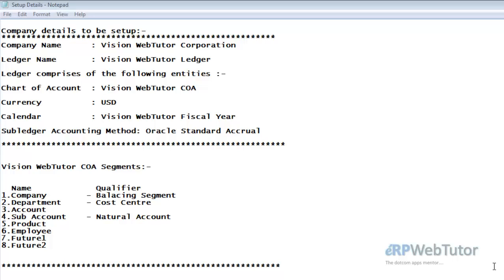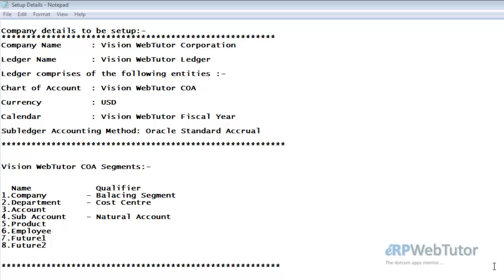Okay, so later in the later videos we will see that as far as the accounting flex field is concerned, there can be 6 qualifiers. Okay, so out of those 6 qualifiers, 3 are the mandatory qualifiers, namely the balancing segment, the cost center, and the natural account. Okay, so in our setup we are going to make the company segment as the balancing segment.